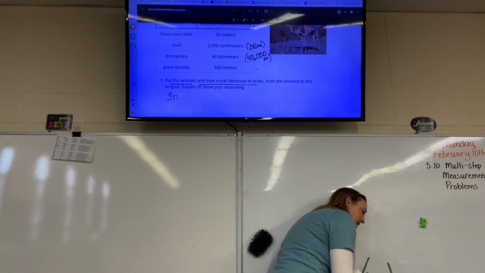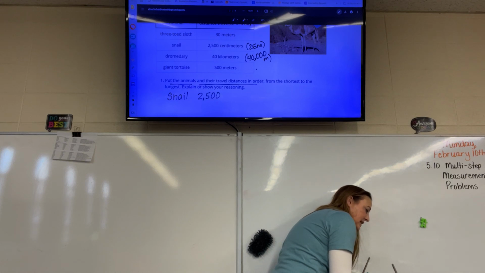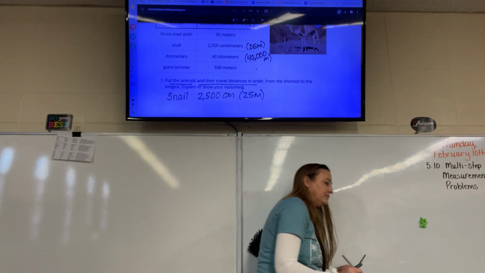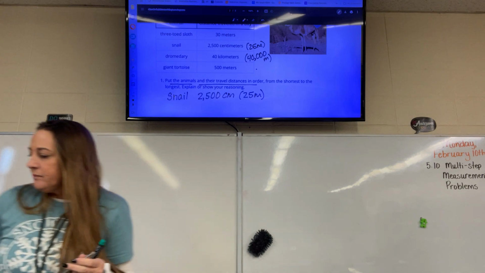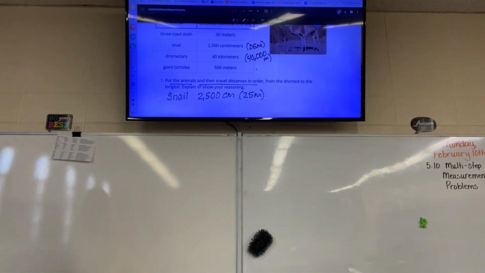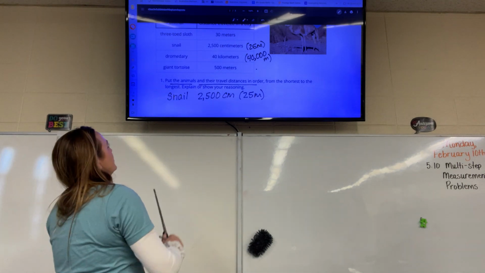So I want you to write snail, and then the amount they gave us, which is 2,500 centimeters. And then we'll put in parentheses 25 meters. Make sure you write small enough that you're going to be able to fit all 4 animals underneath.